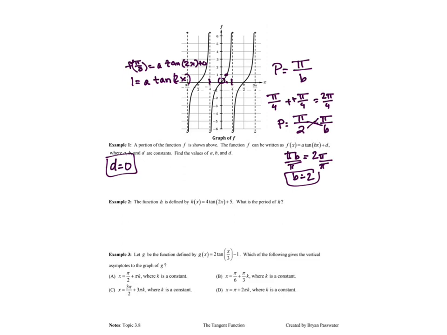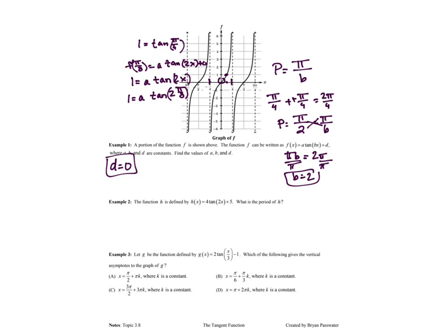Well, what's x? What's x supposed to be? 1 is equal to tangent of pi over 4. You see what I'm saying? So if I go in here and I say 1 is equal to a times tangent of 2 times pi over 8. This is f of pi over 8 equals 1.